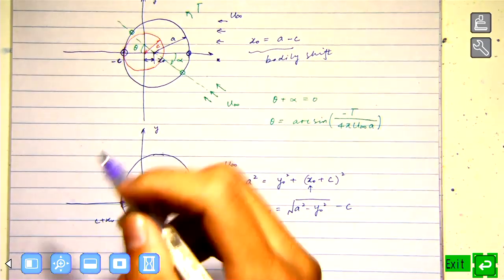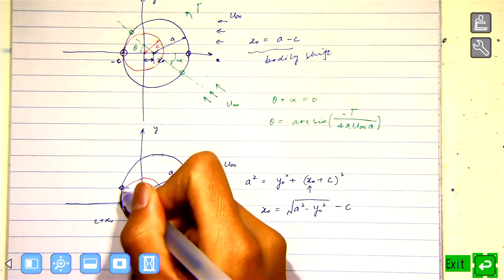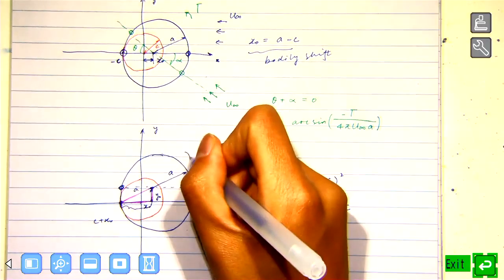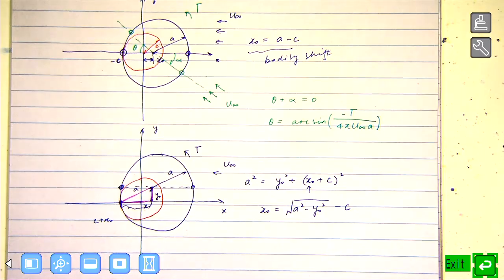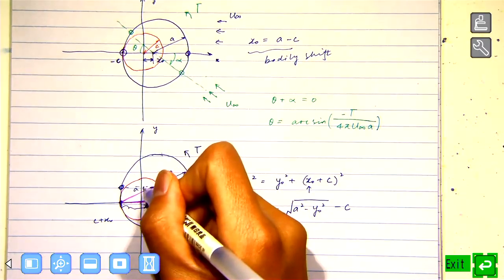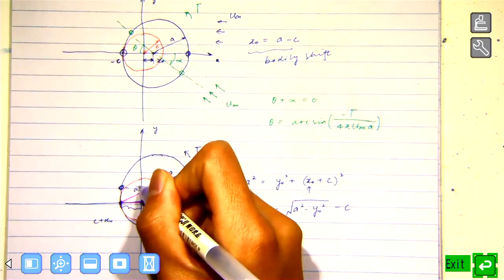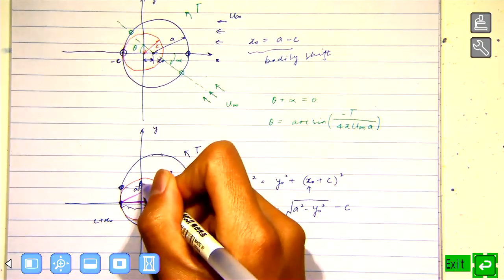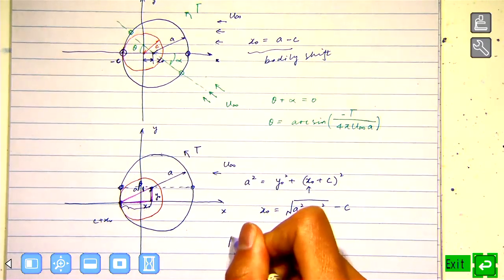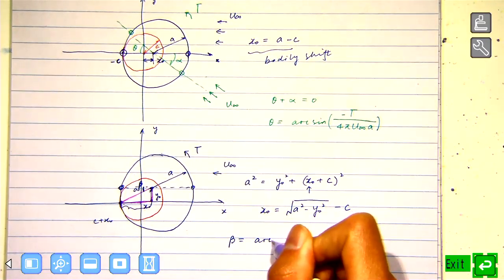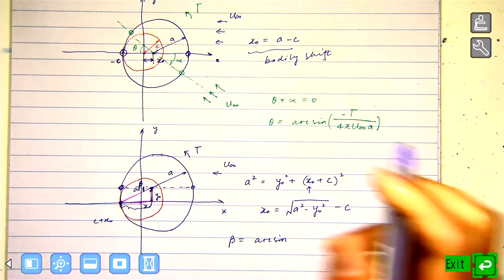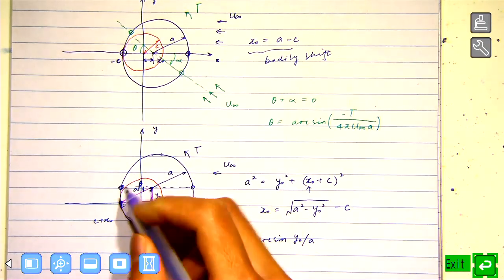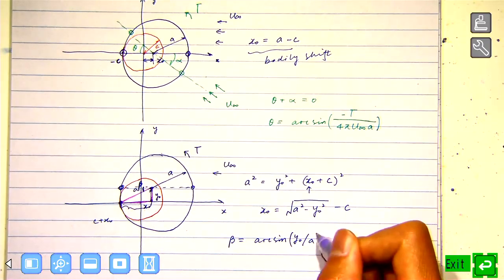So for this case, we want to move the stagnation point to the critical point by again adding the circulation. So I'm going to call this angle beta. It's getting a bit crowded. So this angle beta is arcsine of this length, y naught, divided by a, the radius.